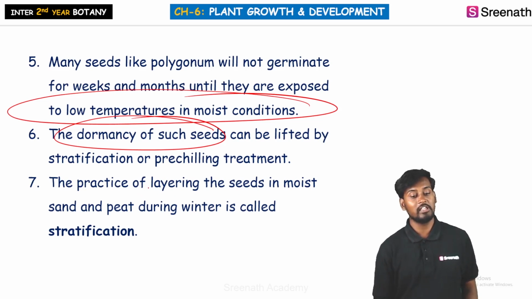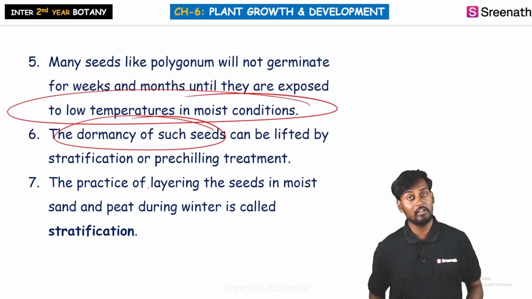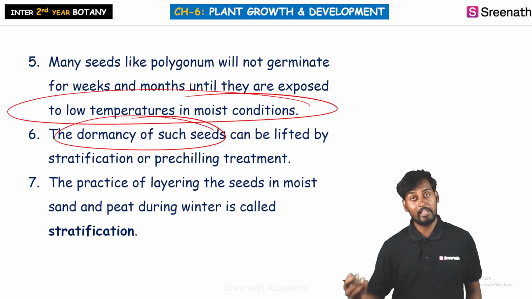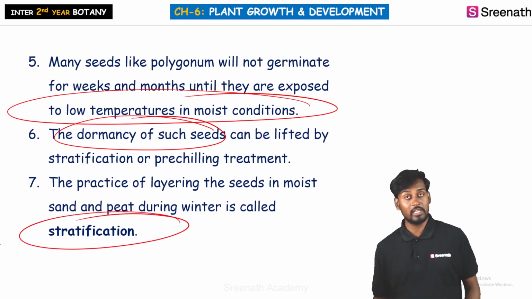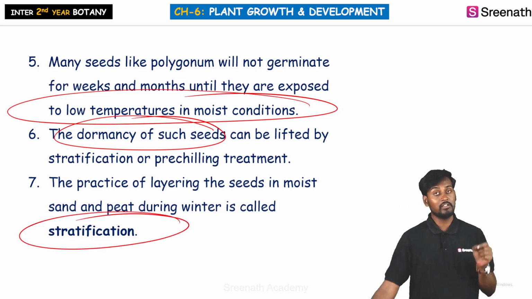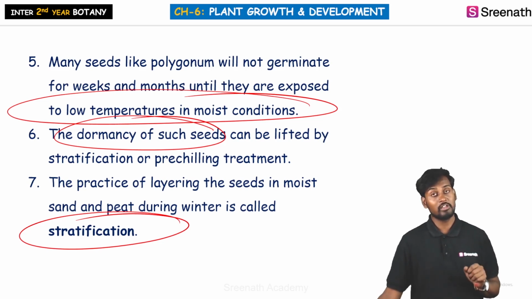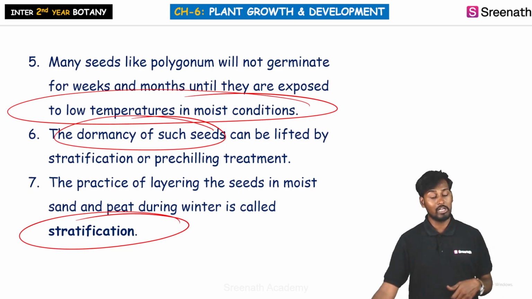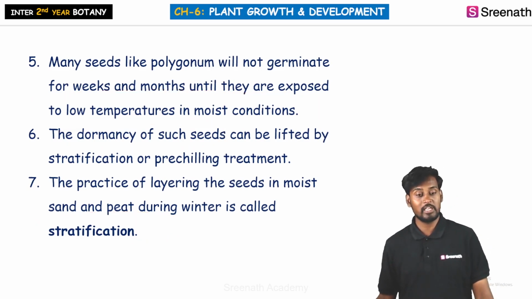Generally we practice laying the seeds within moist sand and exposing them to cold conditions, and that process is called stratification, where the seeds in dormancy are exposed to moist sand conditions at a low temperature.